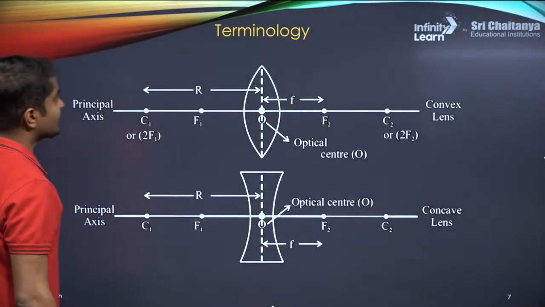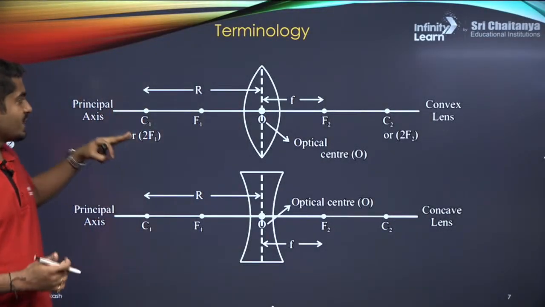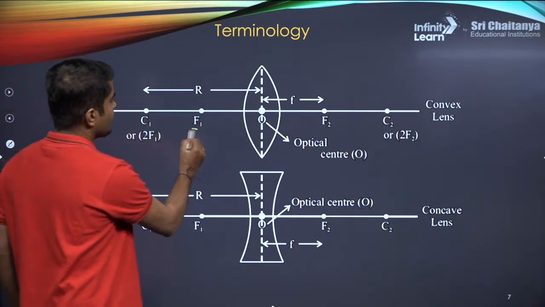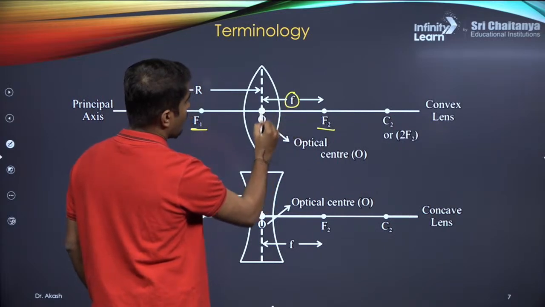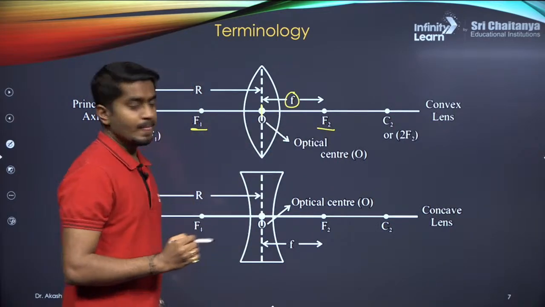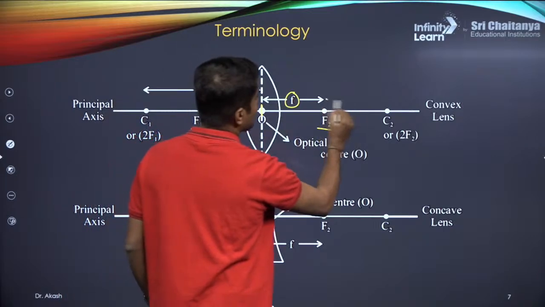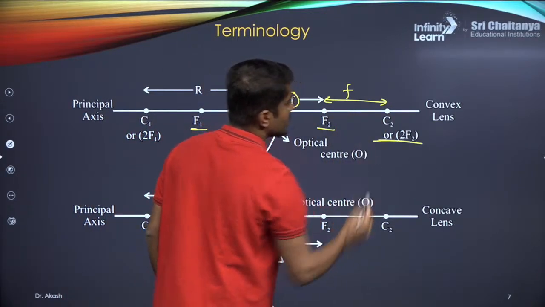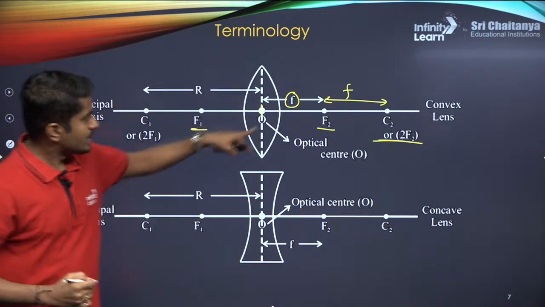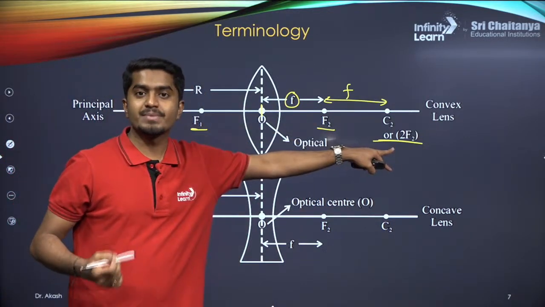Now, this is a terminology. Just now I said this is F1, F2. This will be the focal length from optical center to F2. Now if you go another distance F, then we'll come to this point, which is 2 times F2. There is F2, this would be 2 times F2.